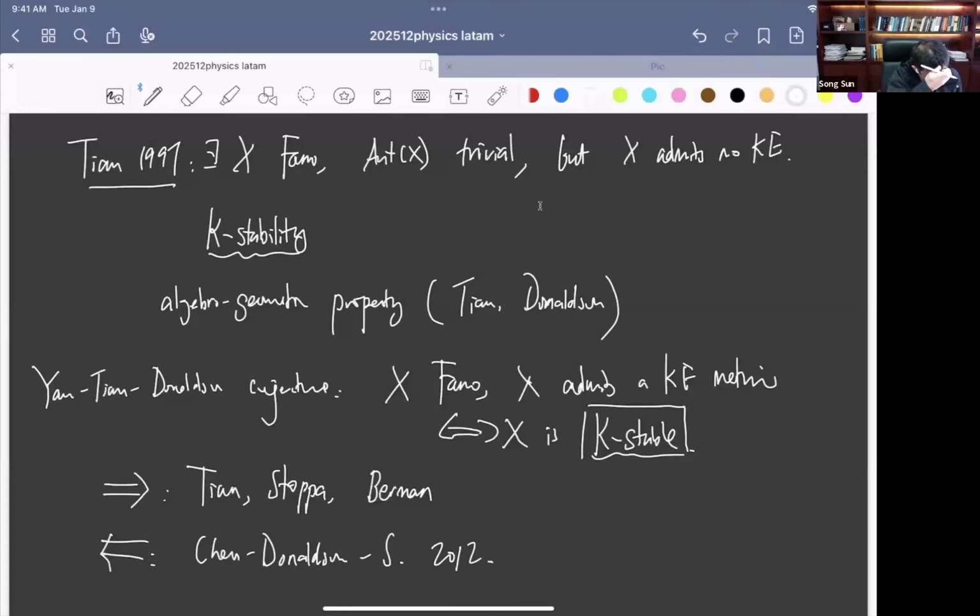2012. But then there were also many other approaches, new proofs of the theorem by many people.